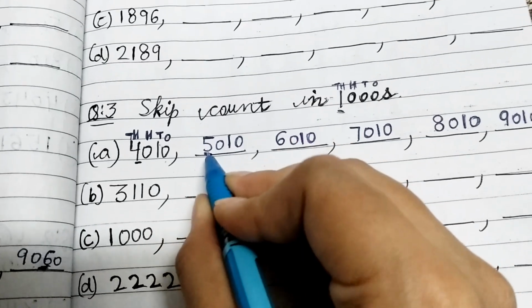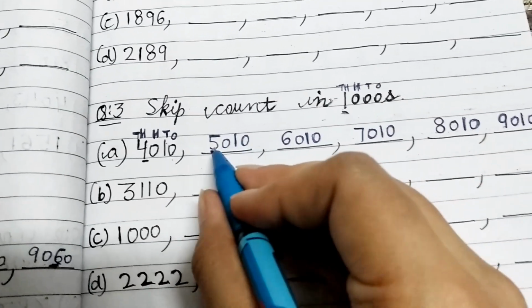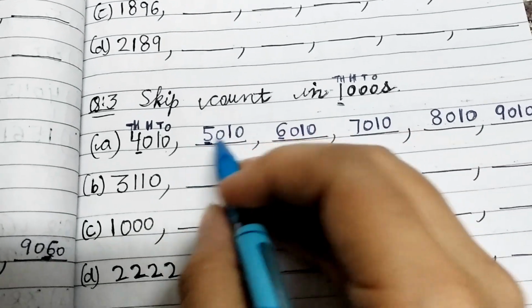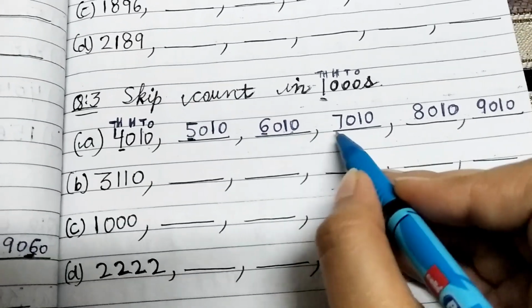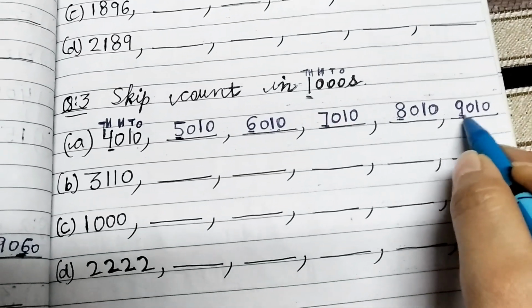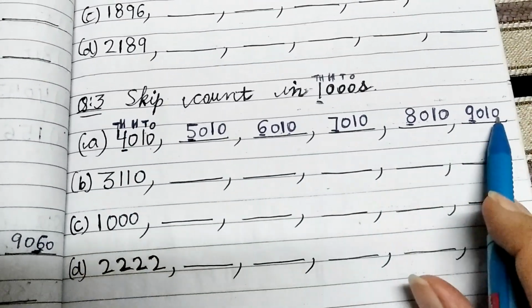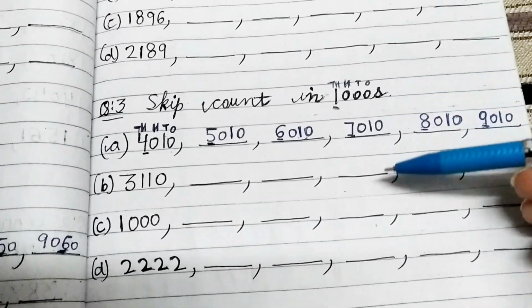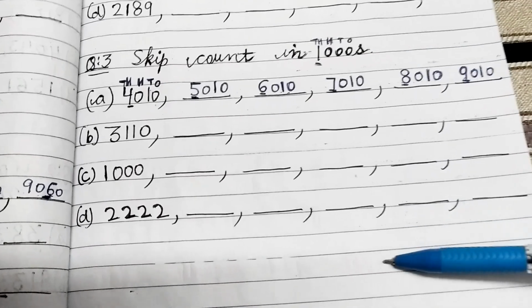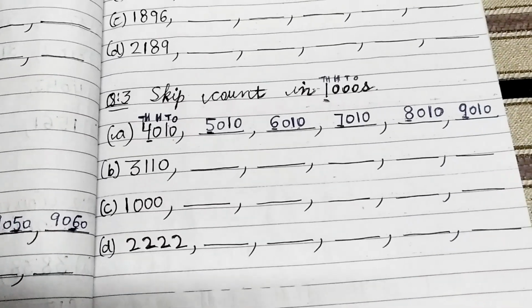So it becomes 5. So 5010. Then again increase this thousands digit by 1. So it becomes 6. So number becomes 6010. Similarly 7010, 8010, 9010. I hope you have understood how to deal with these bigger numbers. So you will try B, C and D parts on your own. I hope you have understood.